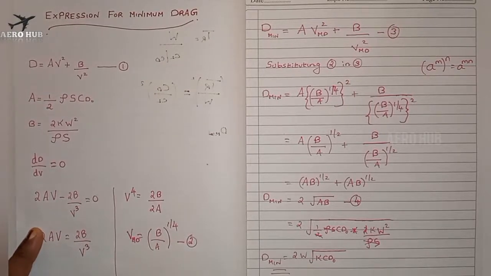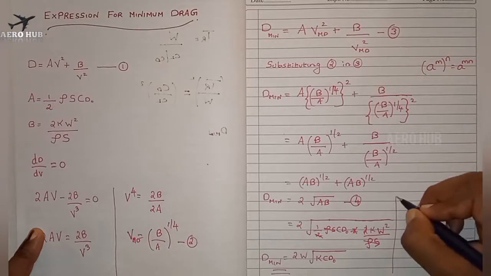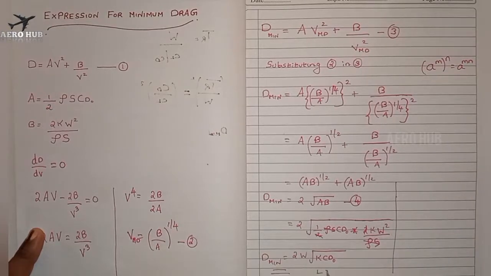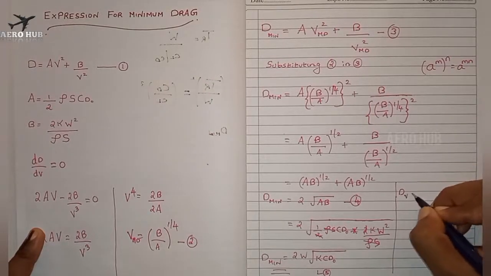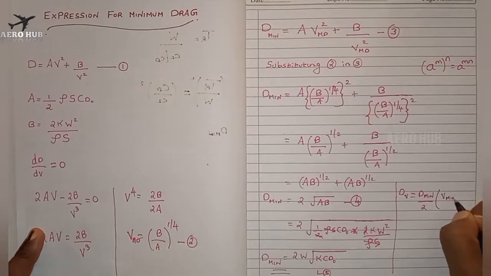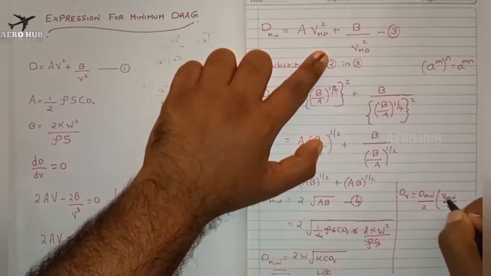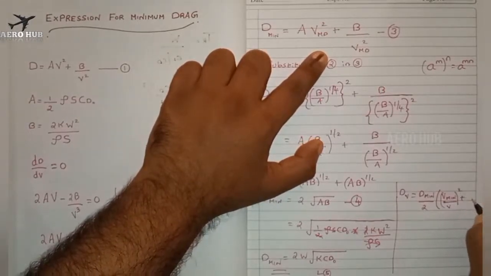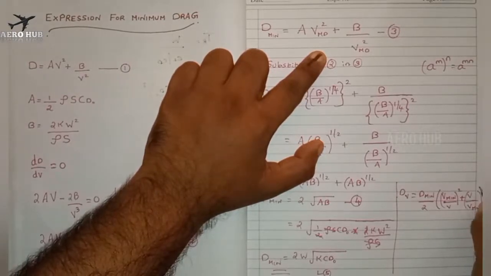We have one more important term, that is drag at any velocity. I have the final expression, which I put as equation number 5. Drag at any velocity, I write as D V is equal to D minimum by 2 into (V minimum drag, V MD, divided by V) the whole square plus (V by V minimum drag) the whole square.